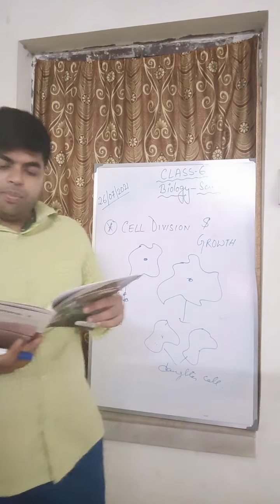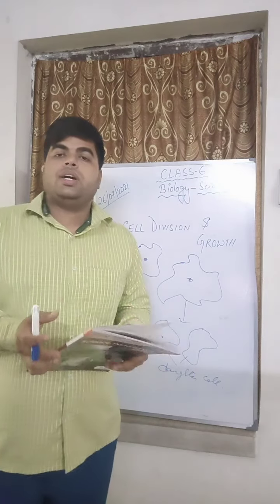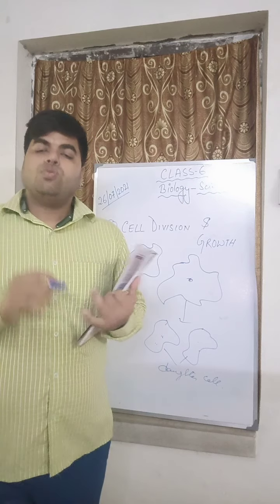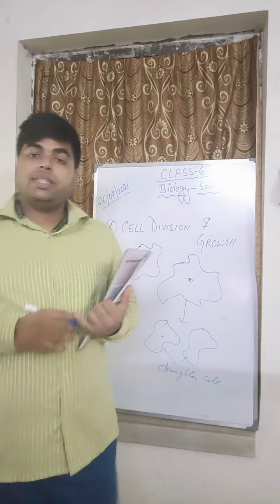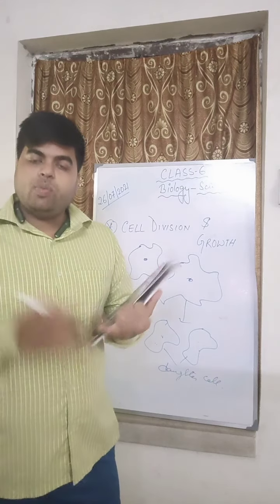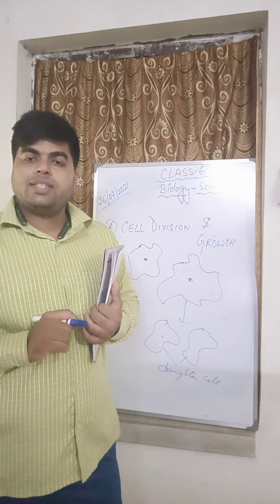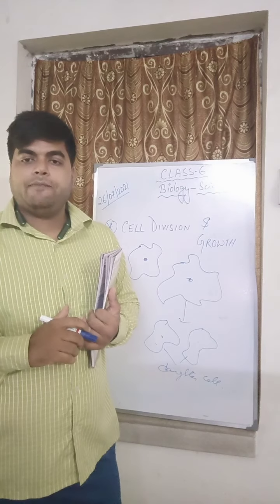The last one is reproduction. Cell division is required for the production of reproductive cells or gametes. Each and every living organism has reproductive cells through which they reproduce their young ones. Humans, animals, birds, insects, every living organism has cells which help them reproduce their own kind.